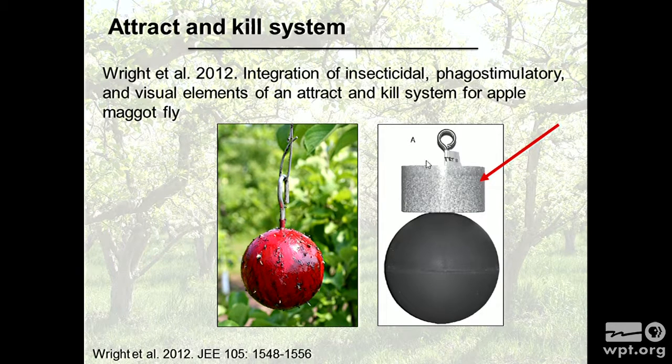On top here, you have a cylinder, and what they did, so that's not this paper, right, I'm just giving you the background here, they put some sucrose in that cylinder. So the flies will come to the red sphere and get stimulated, that phagostimulatory, they would get stimulated to feed.